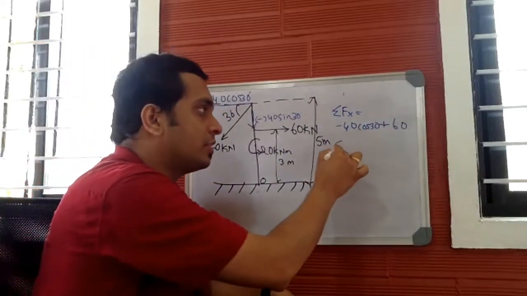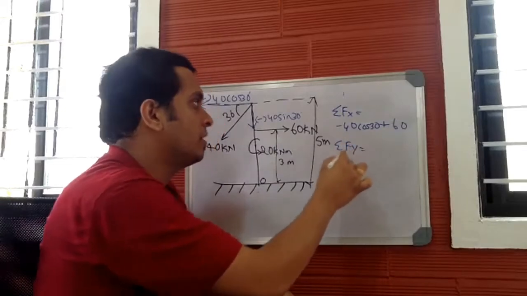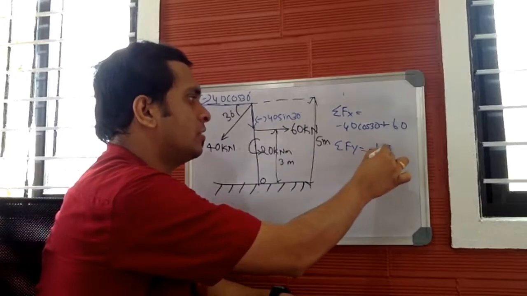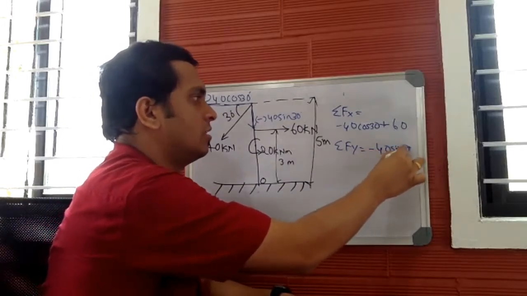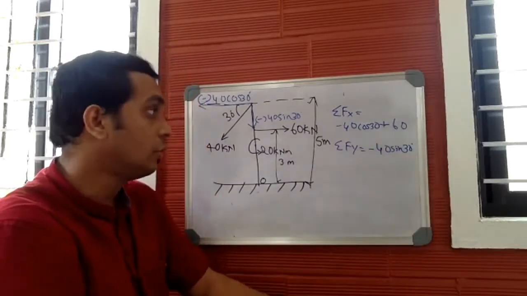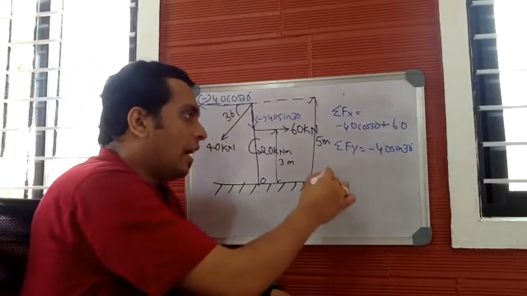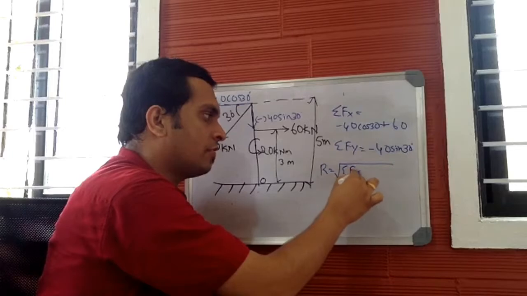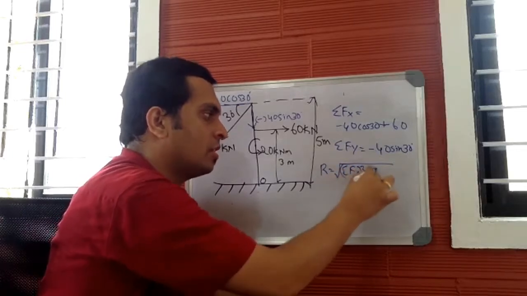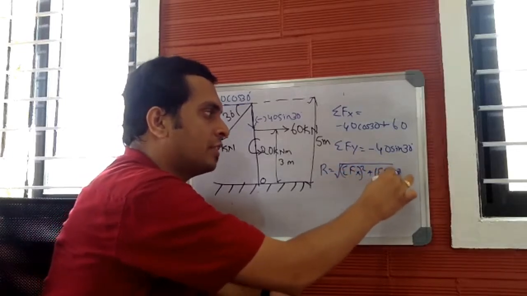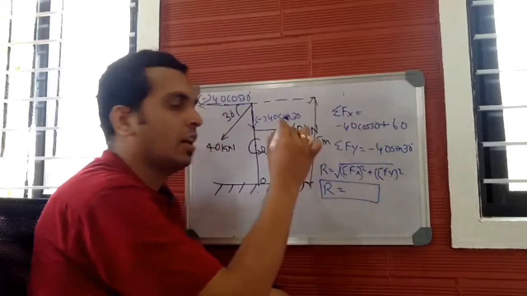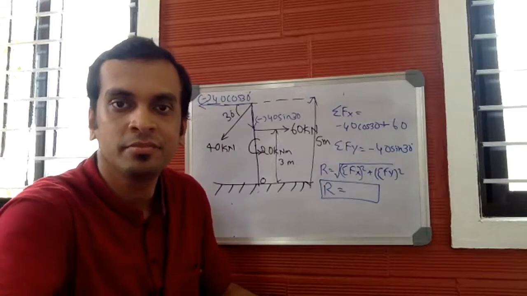And step number 3 is to find summation of fy, which is minus 40 sin 30, only one force you have. And step number 4 is to find the resultant R equal to the square root of summation of fx squared plus summation of fy squared. Find the magnitude of R, substitute these two to get the value of R.